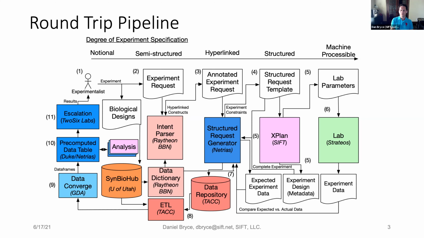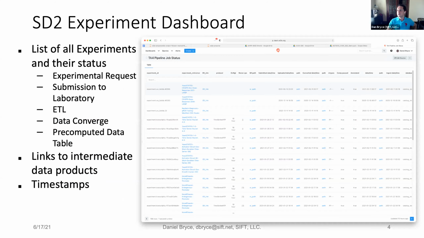If somebody specified something incorrectly, they just need to go back and change it, and then we push it through the whole process again so that the change doesn't require several manual touch points. What we found is that this has led to a big improvement in our workload, where we don't have to look at lots of files. We really just have one place where we do that. I'll show you an example of that in a second.